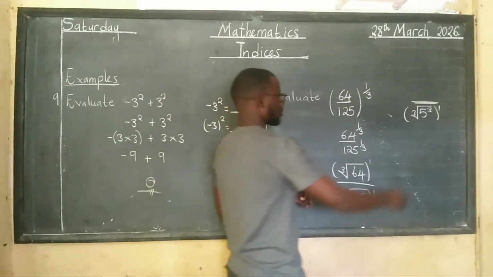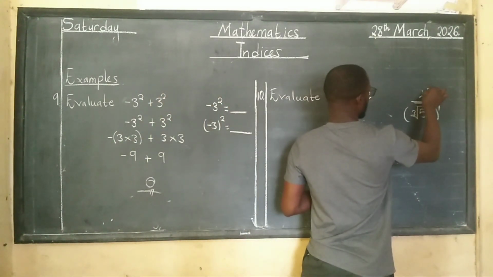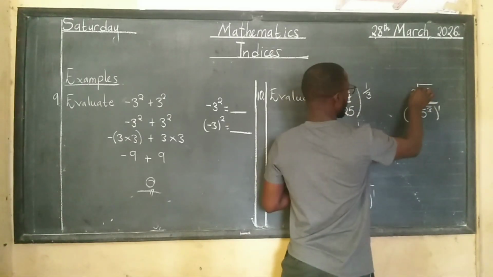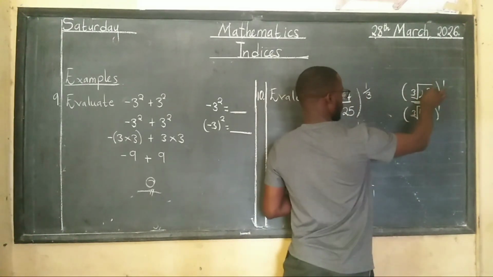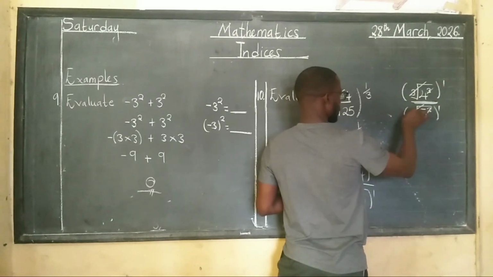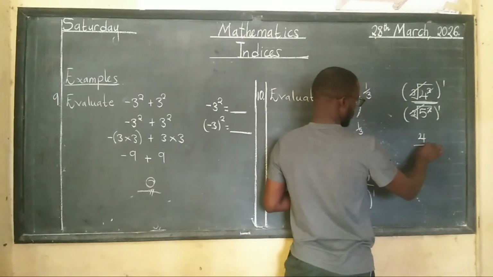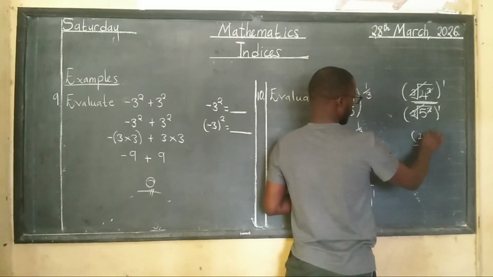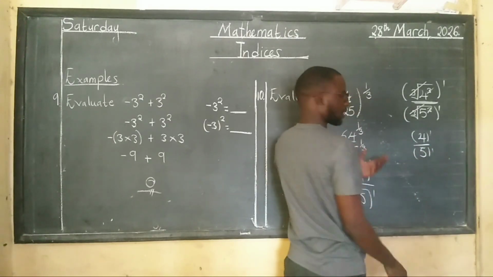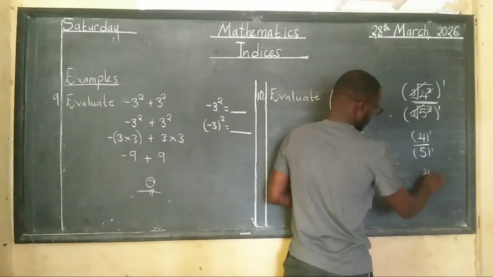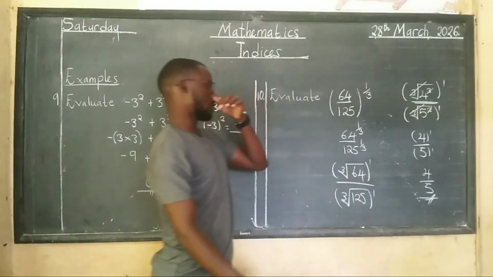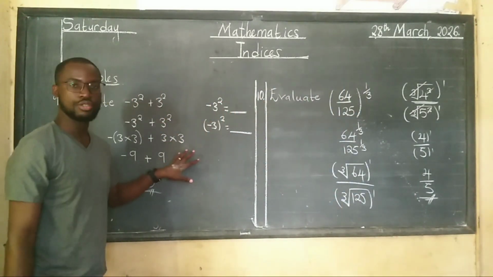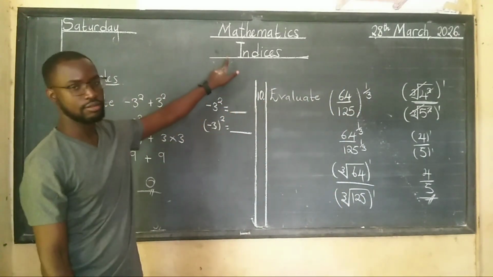So maybe this can be 4 to the power 3. And therefore, we are going to have this cancel with this, giving us 4 over 5 to the power 1 over 1. But the ones don't matter as much, they are inconsequential. So that is your final answer. So these are the questions you are going to meet in paper 1 under indices.